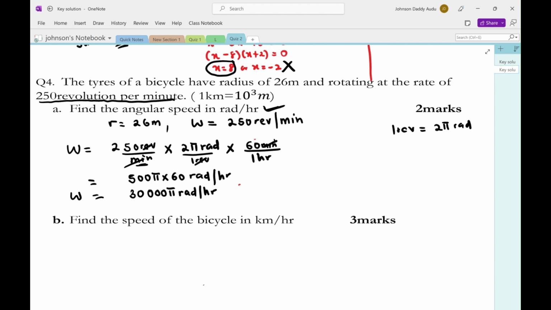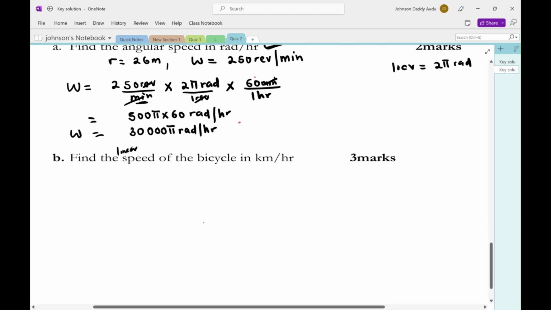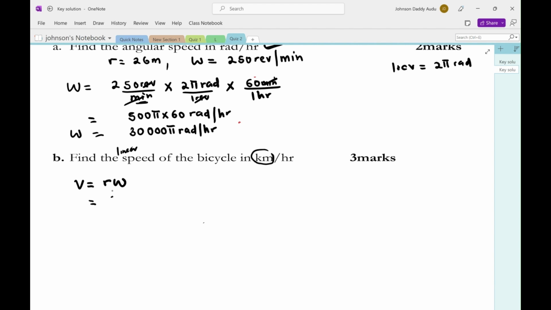Okay. Then the next question says we should find the speed, which is the linear speed actually. So that will be v equals r omega. And what is r? We already know r, but r was given in meters, and we need it in kilometers per hour.